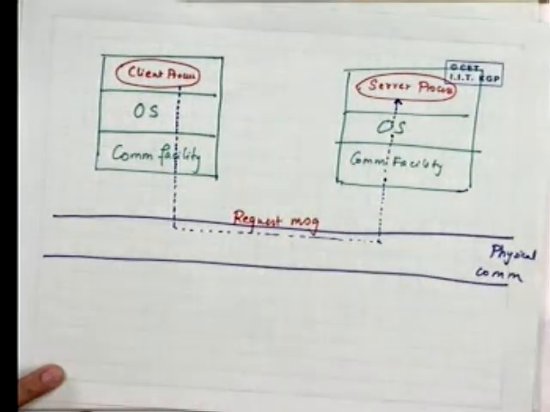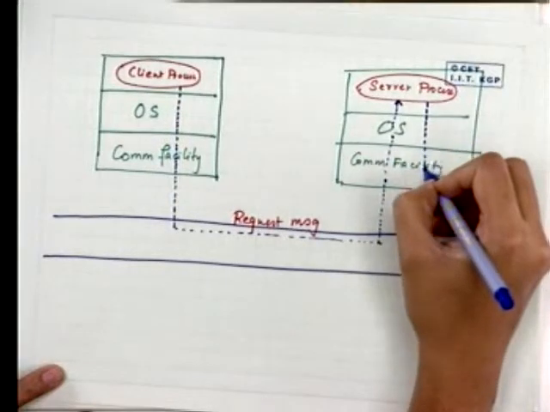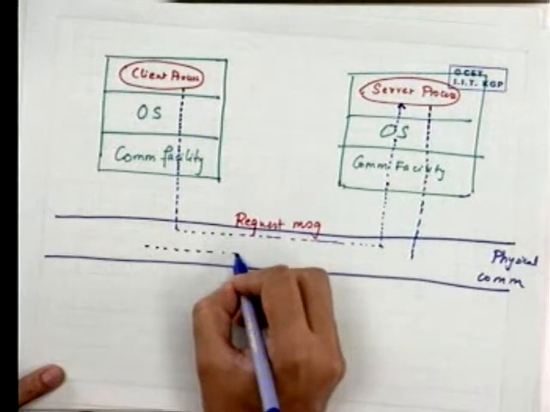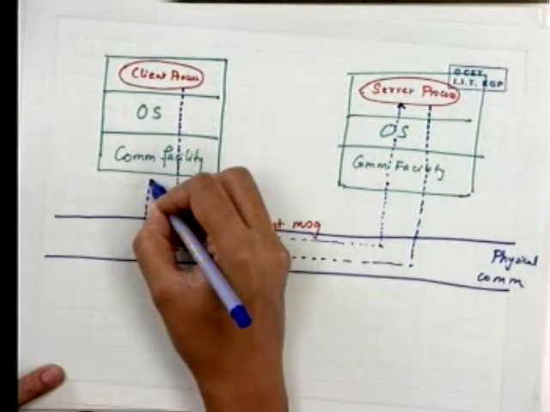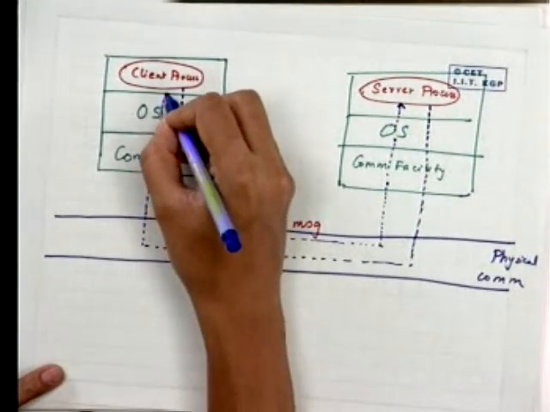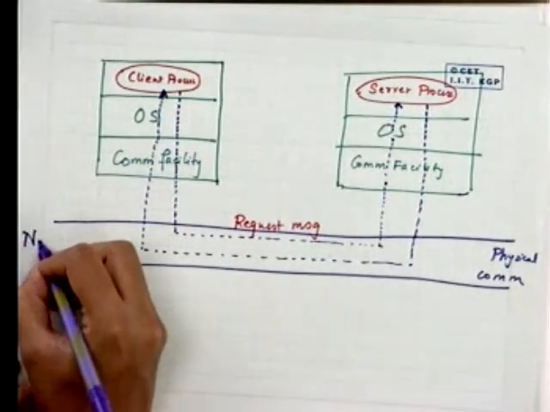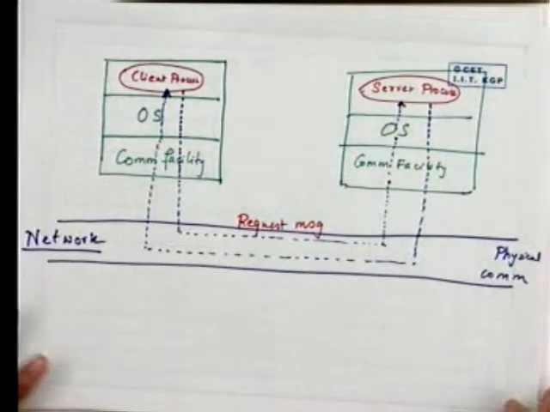The response message comes from the server process through its OS and communication facility layers and reaches the client process through its communication facility layer and the OS layer. So this is actually the network or the communication facility. So this is the actual physical implementation of the client-server model, which we logically represented in the diagram earlier.